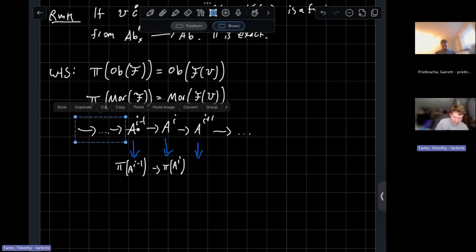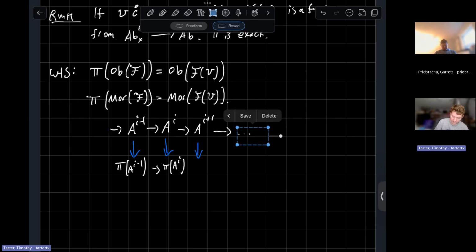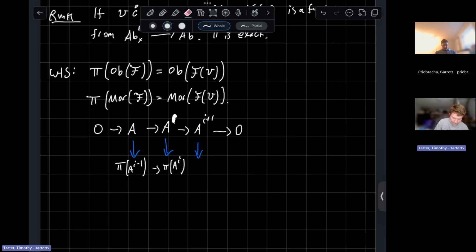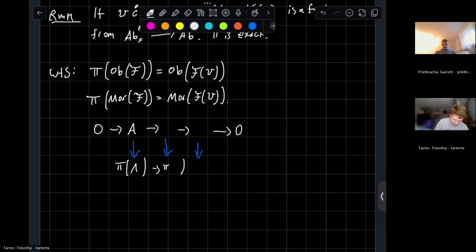I guess we want to think of it in terms of short exact sequences. So we'll characterize it with short exact sequences because every long sequence can be factored into short exact sequences. And we'll replace this with A, B, C. π of B goes into π of C.